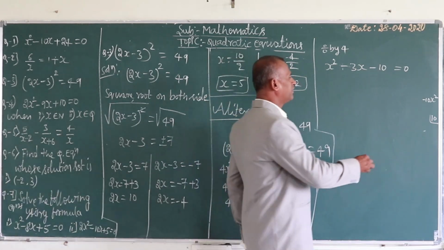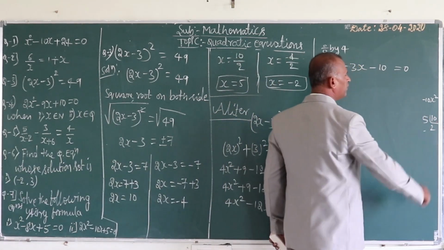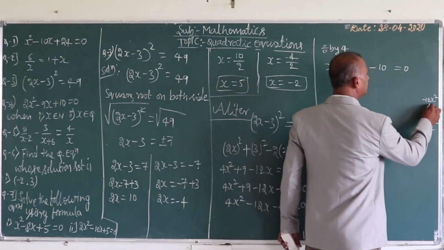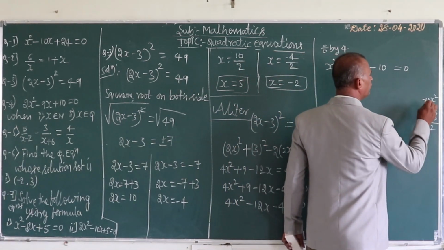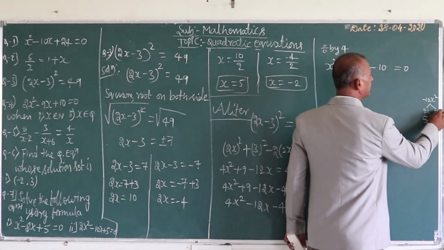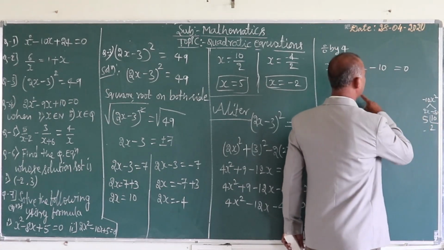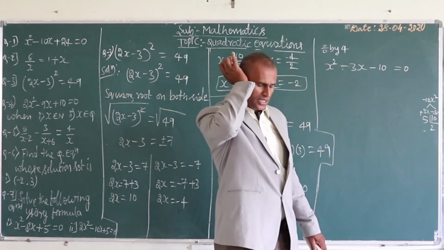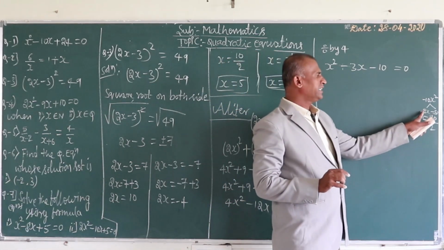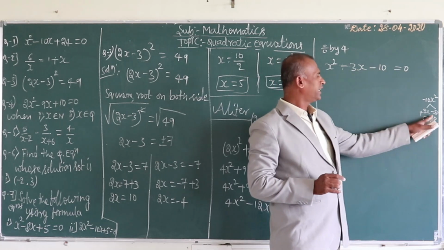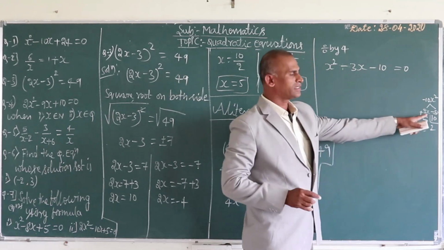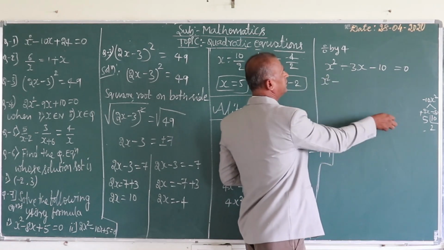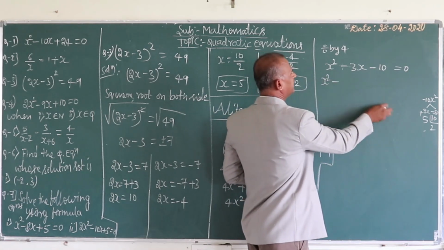What are the factors? 5 twos are 10, otherwise 2 fives are 10. Here we write minus and here plus, because the greater number has sign minus: 5x minus 2x is 3x.